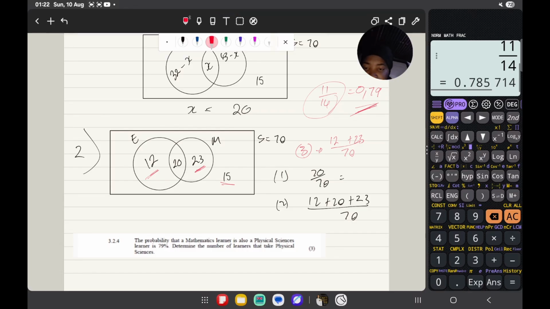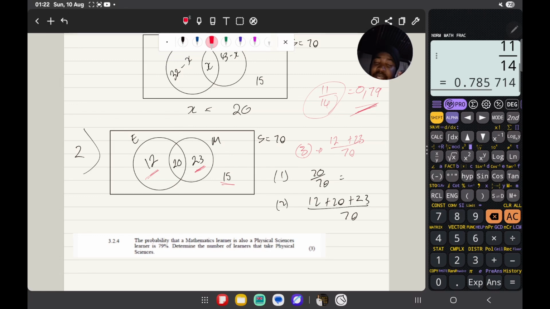So the next one, they said the probability that a mathematics learner is also taking physical sciences is 79%. Determine the number of learners taking. Let's listen to the English.